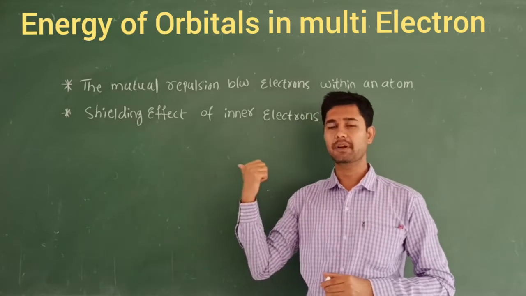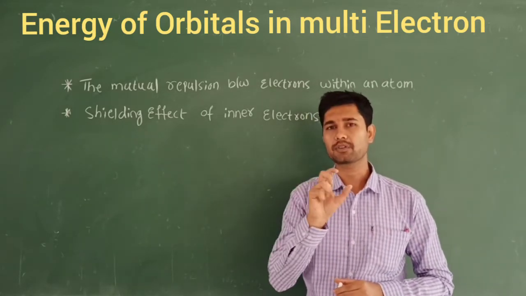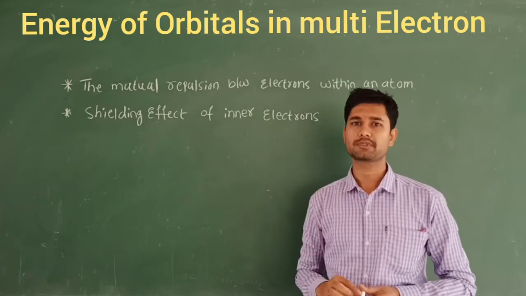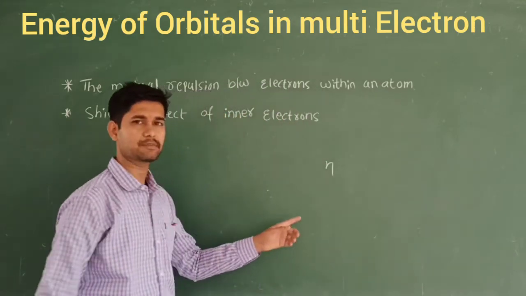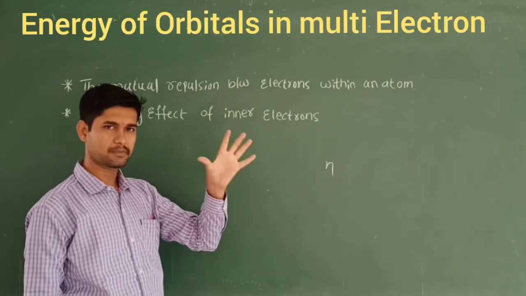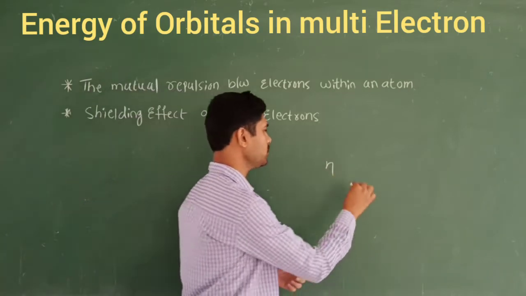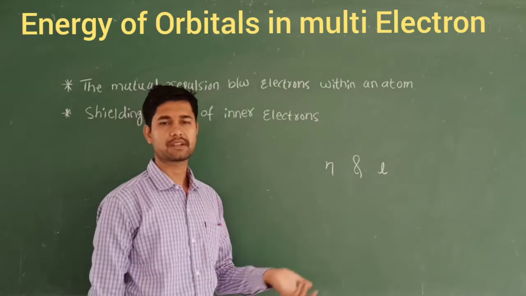But in a multi-electron system, the energy of the orbitals depends not only upon the principal quantum number but also upon the azimuthal quantum number. Here n is the principal quantum number, designated by the small letter n, and l is the azimuthal quantum number, or subsidiary quantum number.